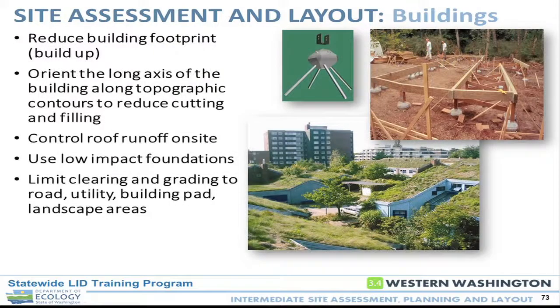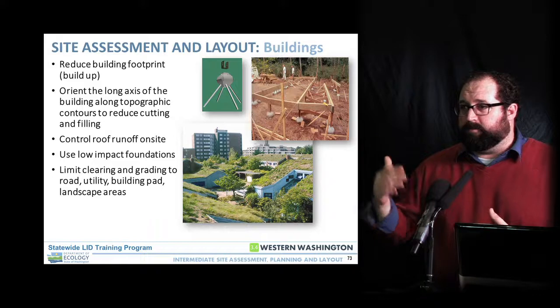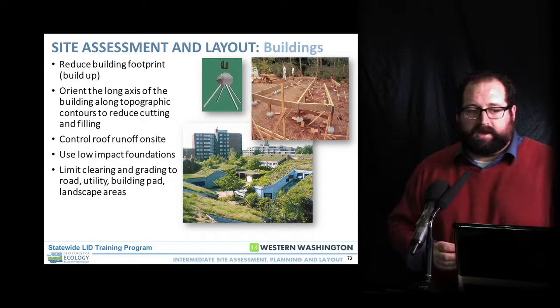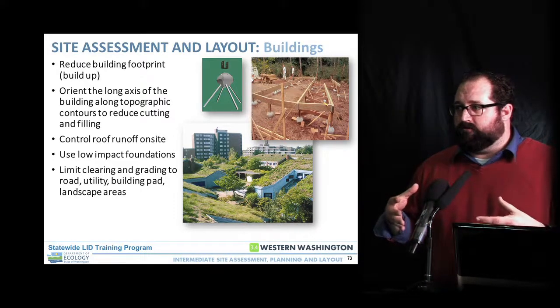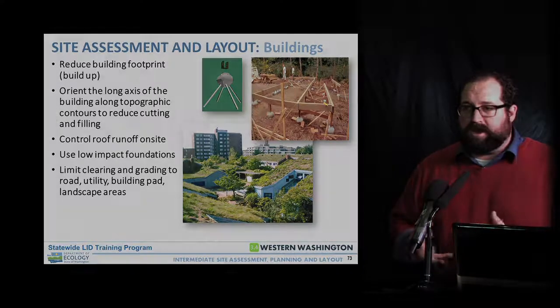So buildings are another aspect, reducing the overall building footprint itself, opportunities to build up. There's a market and there's a type of development, so sometimes people want single-family homes, other times there's a market and an opportunity to be able to build up, do multi-story and reduce the overall footprint of development, but keep the unit count the same.